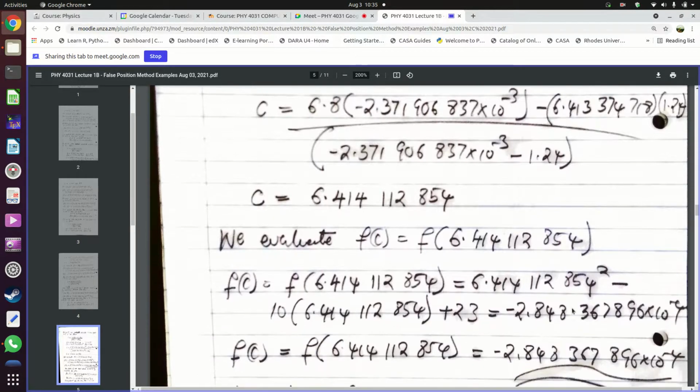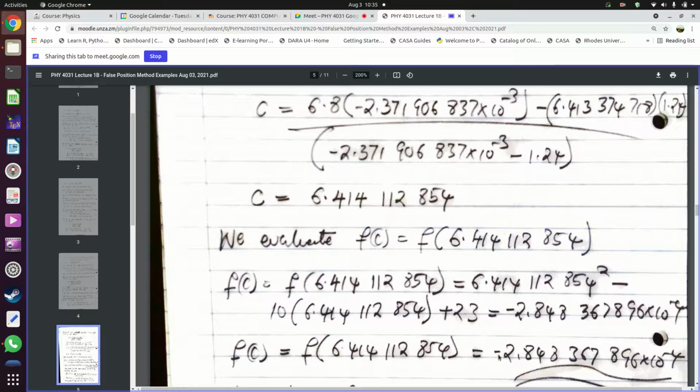You work out what your function is at this particular value. So you're going to end up with f of 6.414112854. When you do that, 6.414112854 to the power 2 minus 10 times 6.414112854 plus 23. You're going to get this.